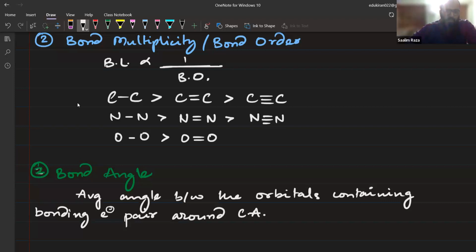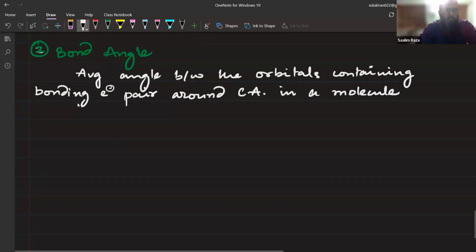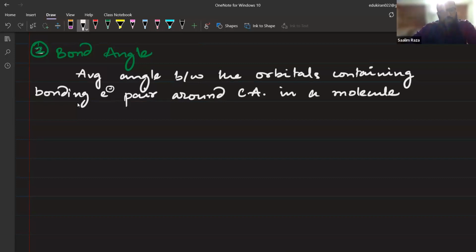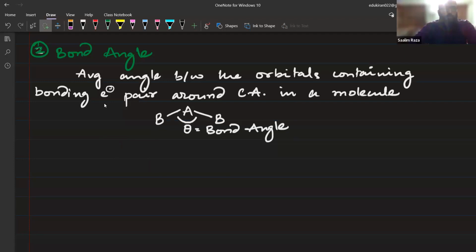A is the central atom in a molecule. If I have A which is bonded to two B atoms, we are talking about this particular angle. This is the bond angle.